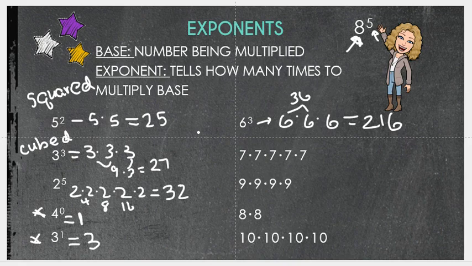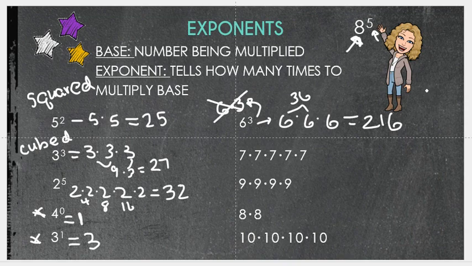Now, a common mistake to be watching out for with students is to make sure they are not multiplying the base times the exponent. Often students will want to say 6 to the third power means 6 times 3. That is not the case.